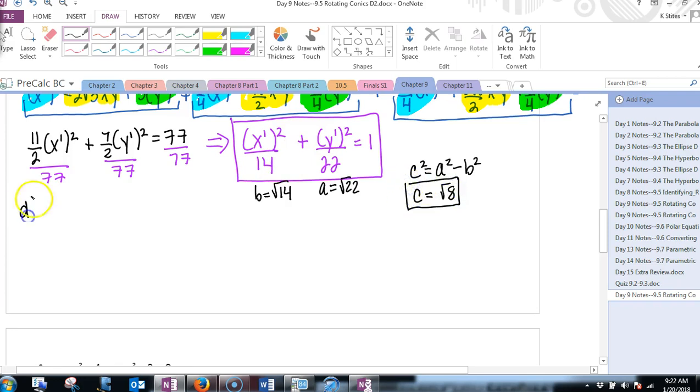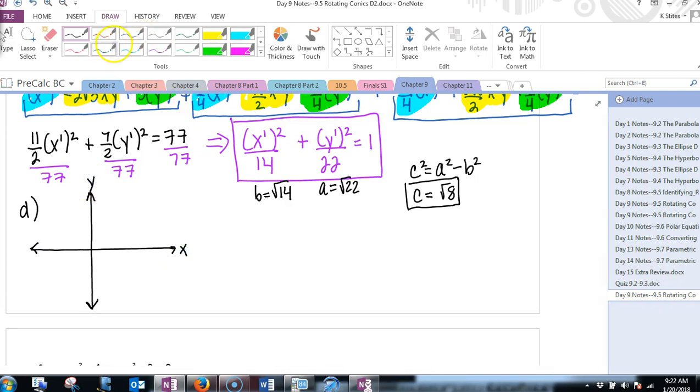All right, and let's draw and discuss our graph. Remember, discuss your graph is a way of saying write all pertinent information. Okay, so here's my x, y coordinate plane. Remember, our theta is 60 degrees, so we have rotated 60 degrees. This doesn't need to be perfect.